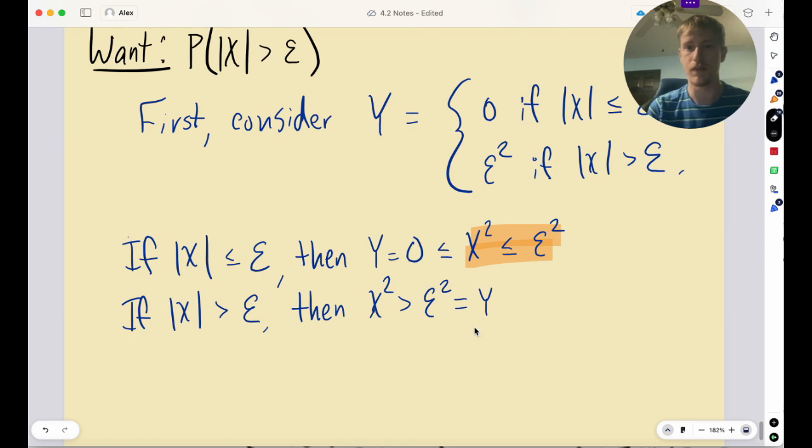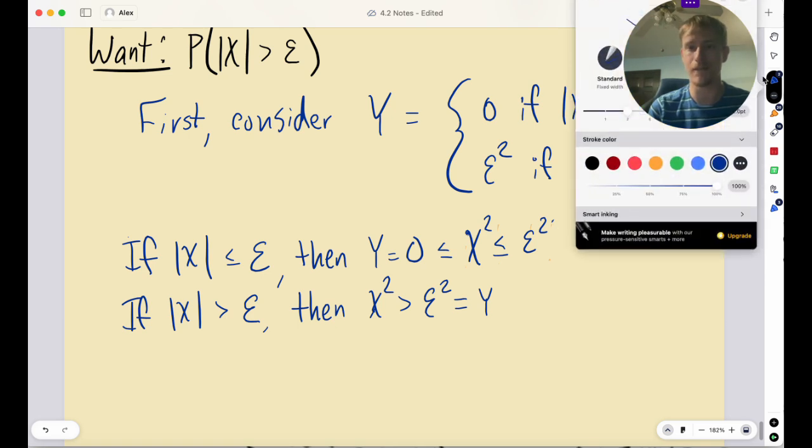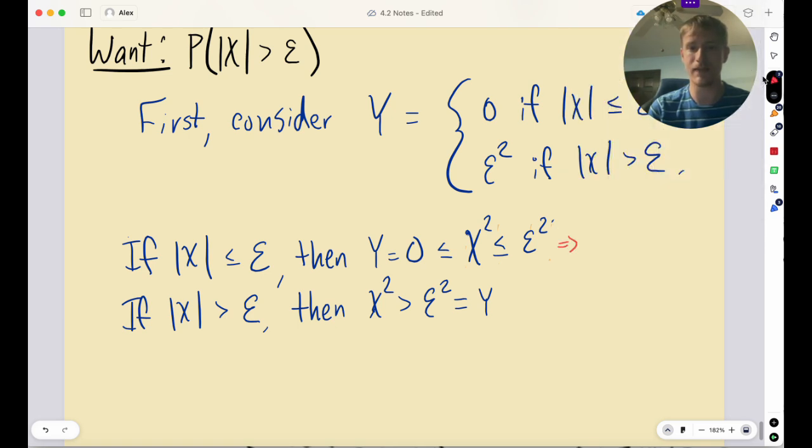Maybe it was a misnomer to highlight this, so let me redo that. In each of these cases, this implies that y is less than or equal to x squared.